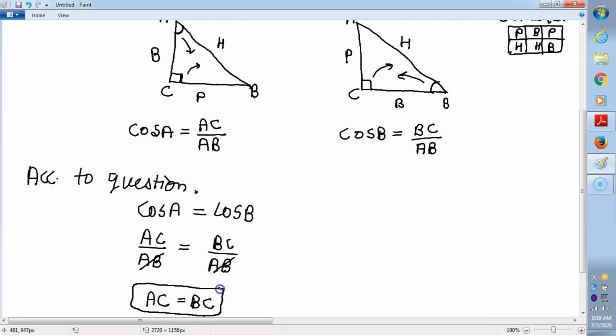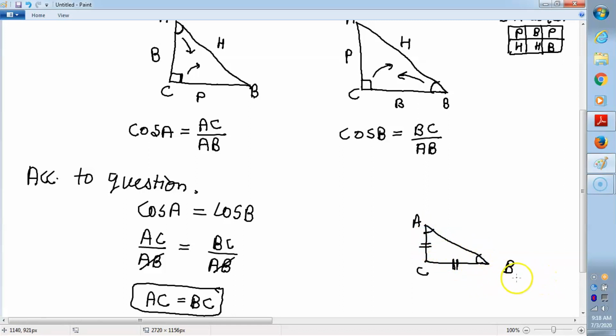Correct? Now, in our triangle A, B, C, if AC and BC are equal, which relation do we get? We know a theorem in geometry very well that if two sides are equal, their opposite angles are also equal.